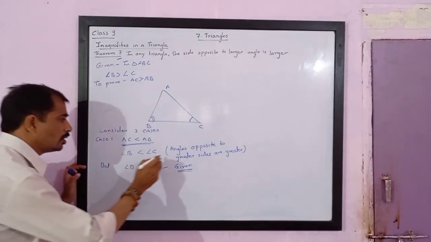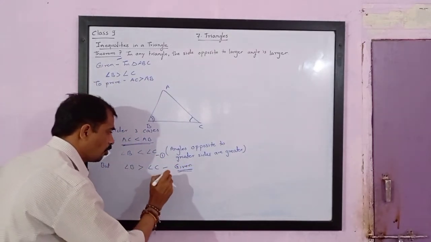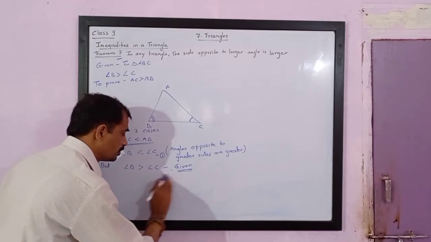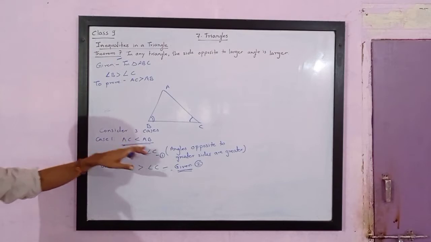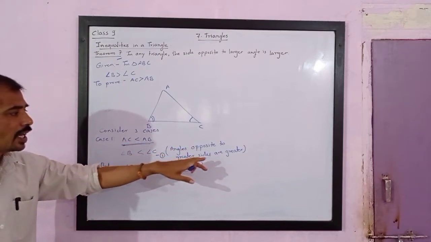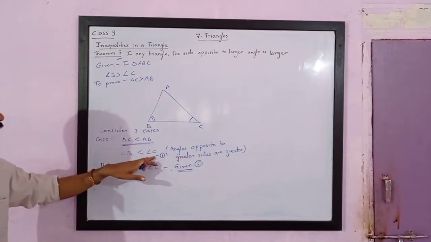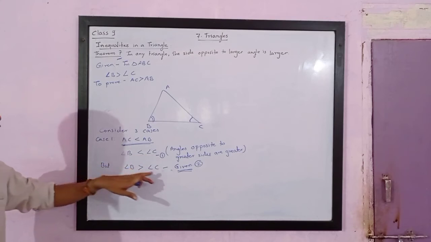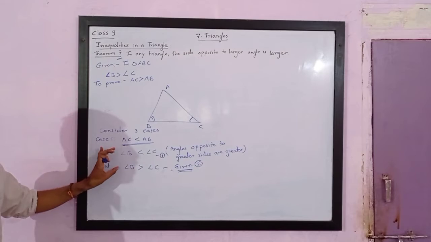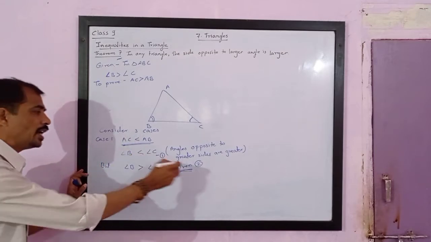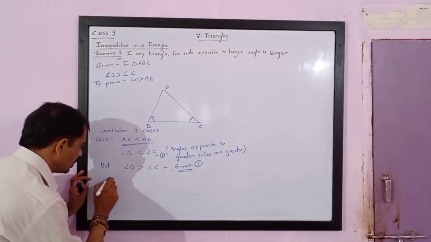According to angles opposite to greater sides are greater, we have got angle B is smaller than angle C, but we know that angle B is greater than angle C. It means these are opposite statements. So equations 1 and 2 contradict each other.